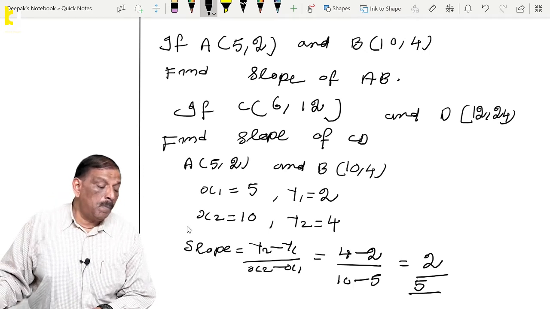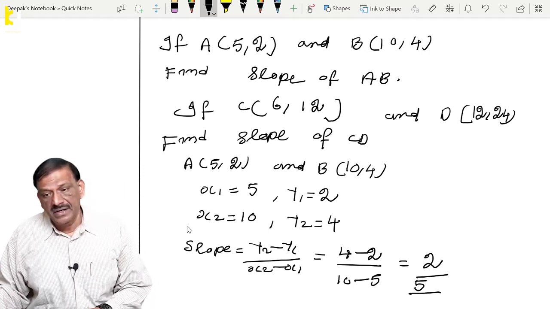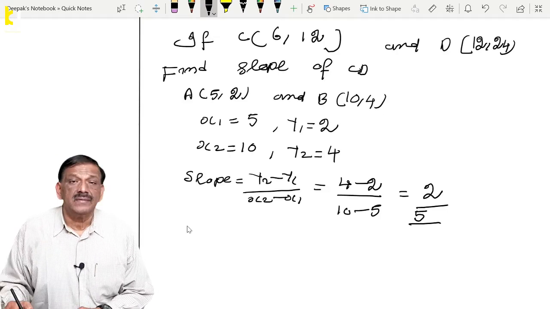That is the slope of AB, equal to 2 by 5.